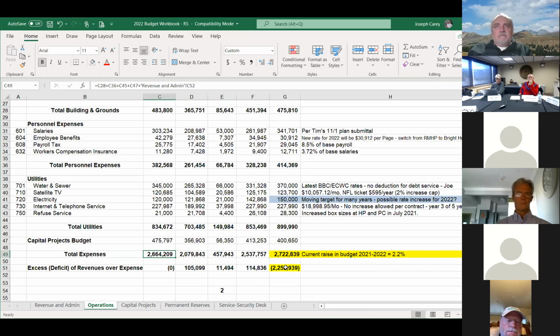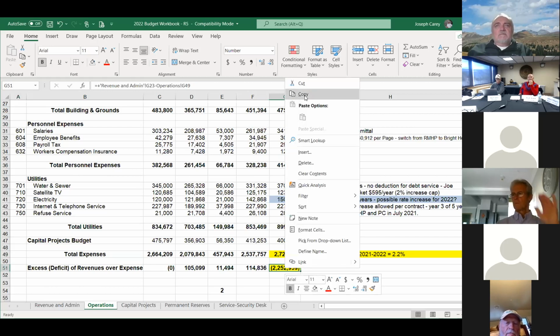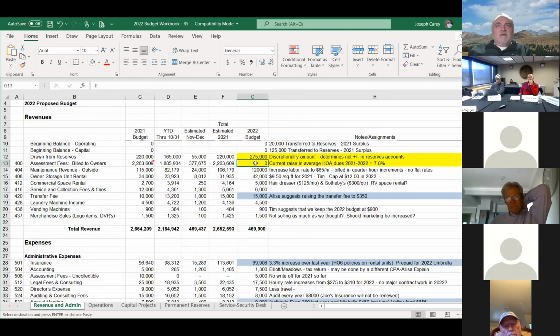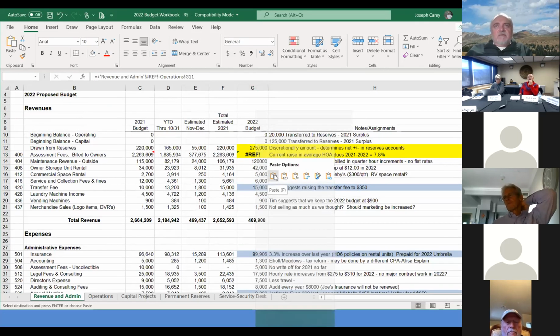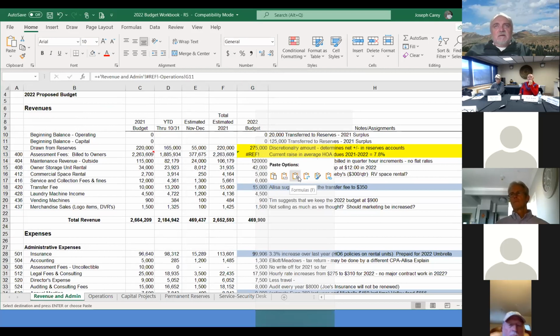So that means that right now we would need to put this number, 2,252,939, in this position here. Find one that works. There it is.